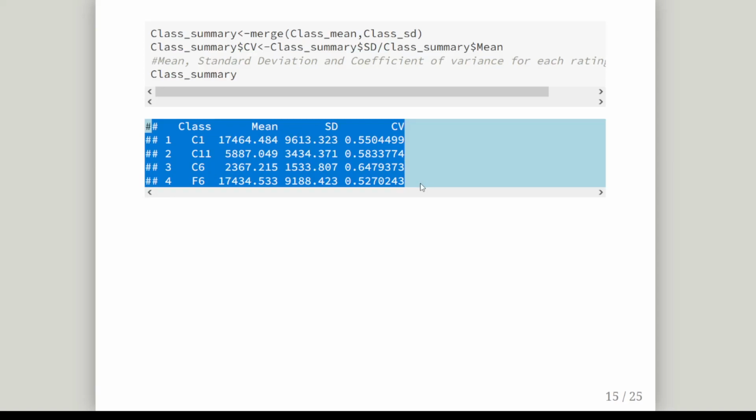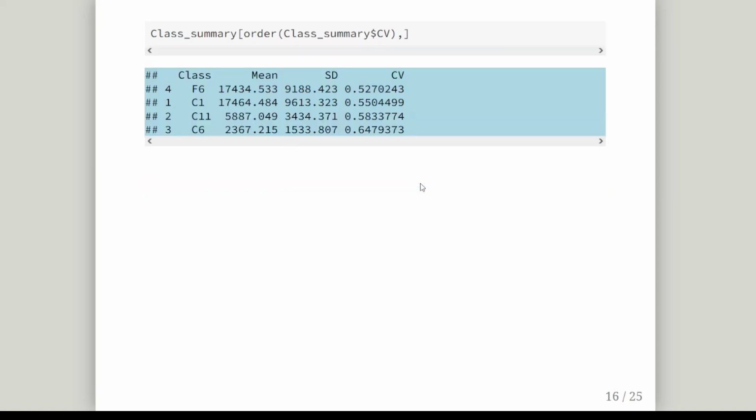Okay, so the question asks us to put it in ascending order of CV, coefficient of variance. So how do we do that? Well, we just use this command here, order class summary CV, and it just puts the rows into that order. Just as a quick remark, it doesn't do anything with the column.